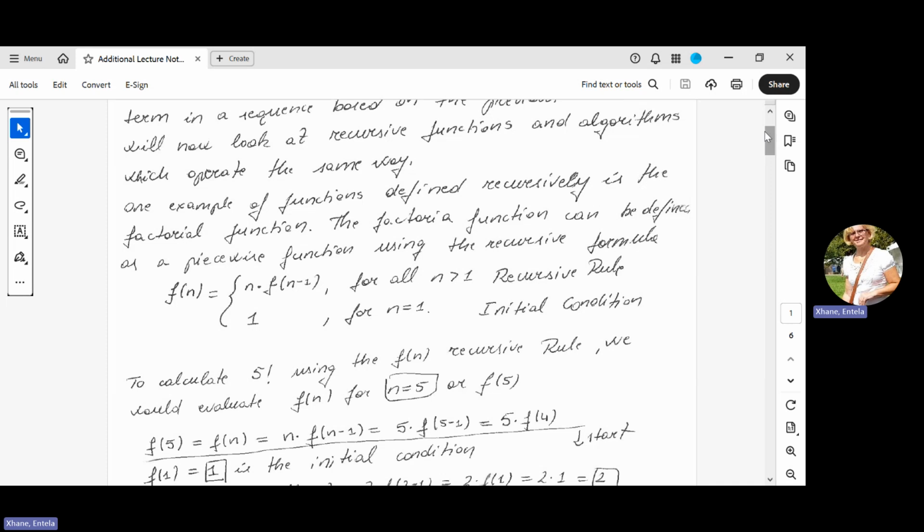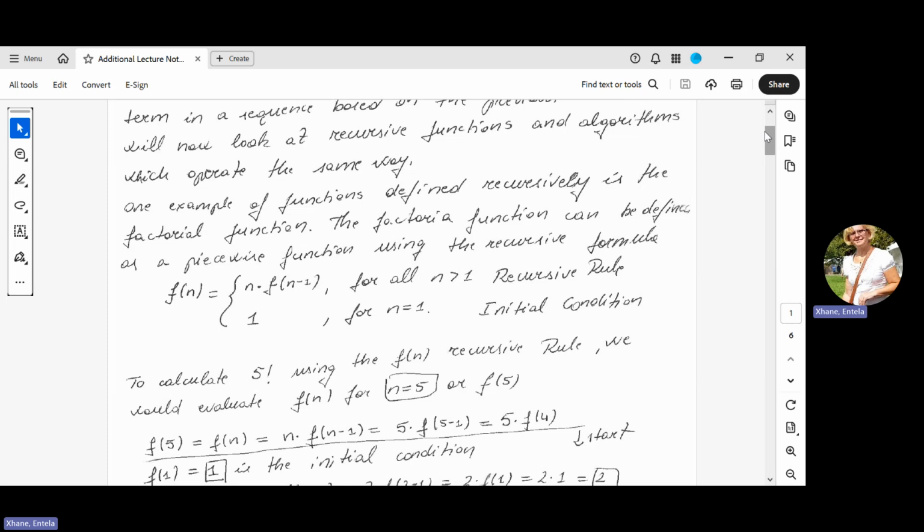So factorial function is based on the definition of, in general, factorial notation. The factorial function has a typical structure that is based on the recursive formula, but at the same time based on the definition of the factorial notation.